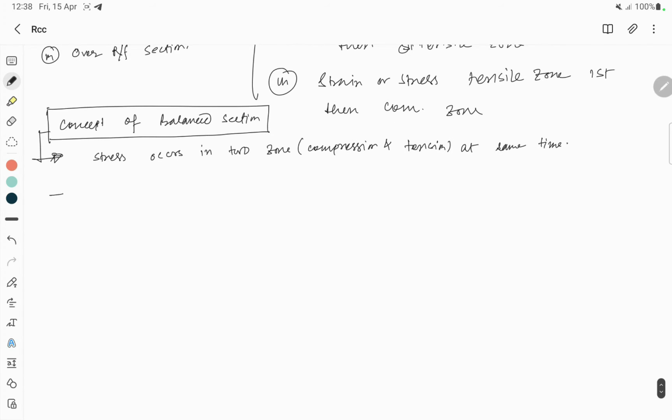A balanced section is a section where stress in concrete, that means compression zone, and steel, that is your tensile zone, reach their permissible value.